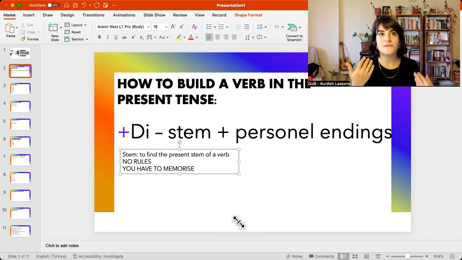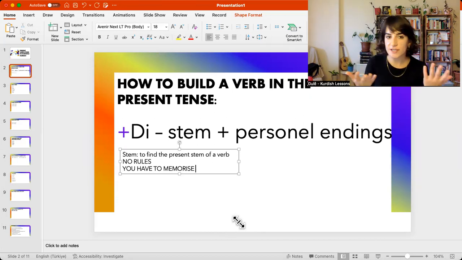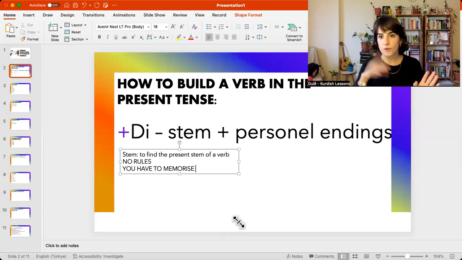But if you use a verb in the present two, three, or four times, like if you say "dichum", you will see that "di" is the prefix, "m" is for I, so "ch" is the stem. Just be careful what people say when they use present tense, or when you read something, try to catch the stem. There are also some lists I can share with you, and you can find all the stems.